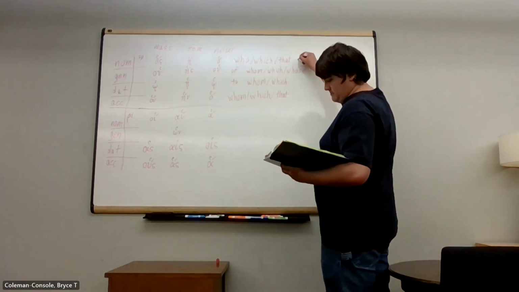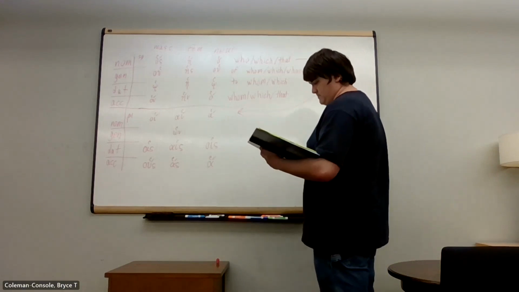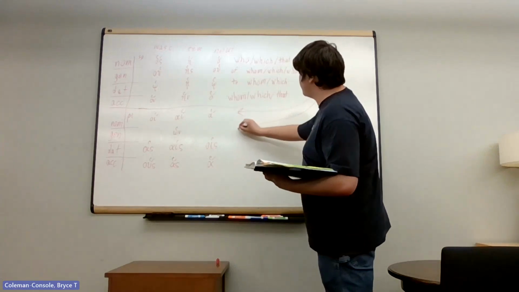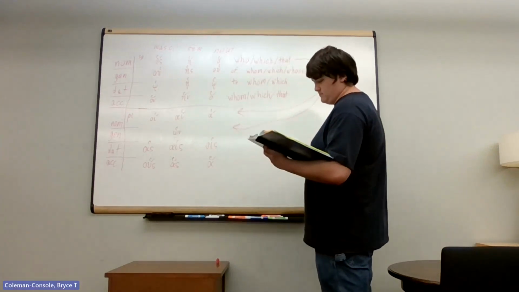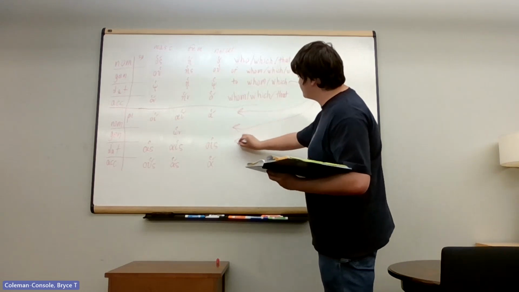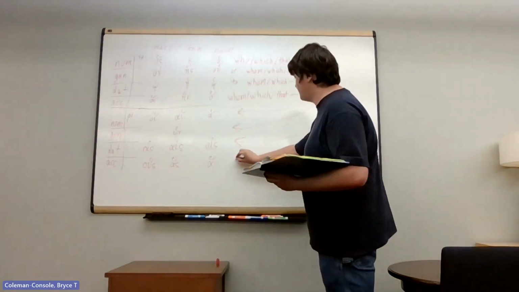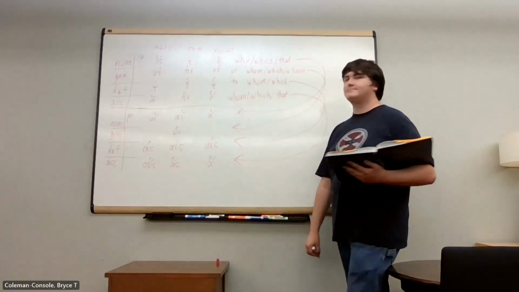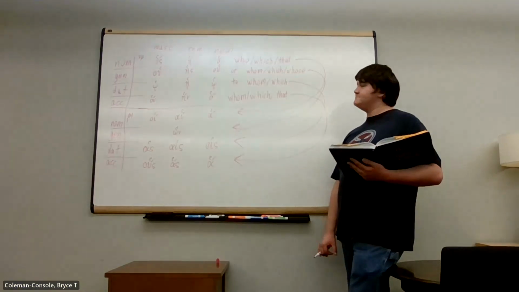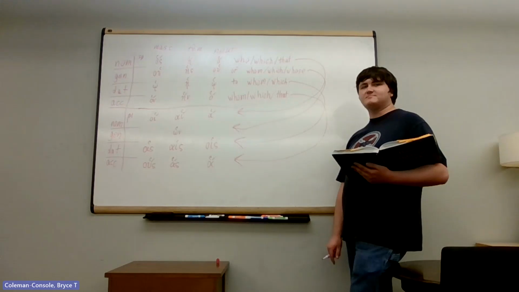So this one's the exact same. This one's the exact same. This one's the exact same. And this one's also the exact same. Isn't that fun? So they just moved down.